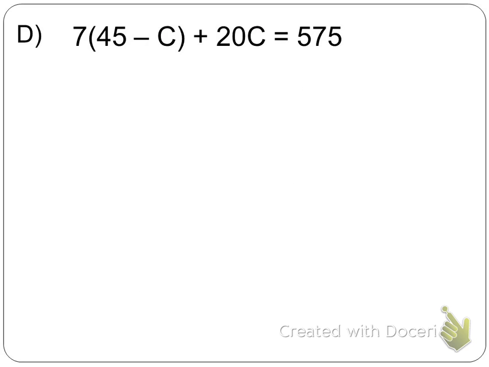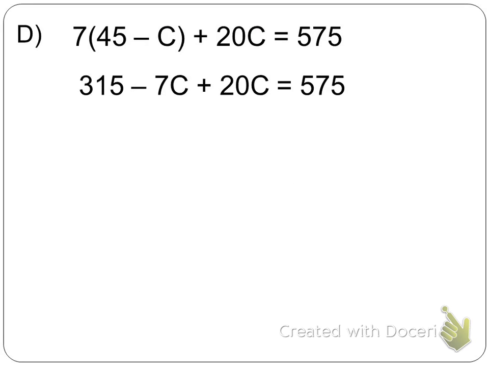All right, so let's tackle this equation. The first thing you need to do is distribute. This is when a calculator would be real handy. 7 times 45 is 315. We have some like terms on the left side. Do not make that minus 27C. The 7 is negative. Keep it negative when you combine it with the 20. It's actually going to give us 13C. Then I'll subtract the 315.